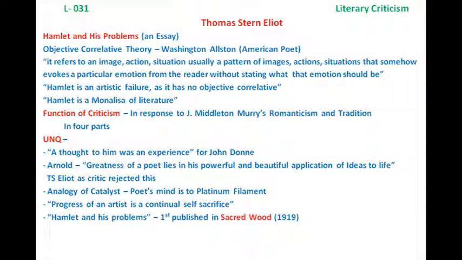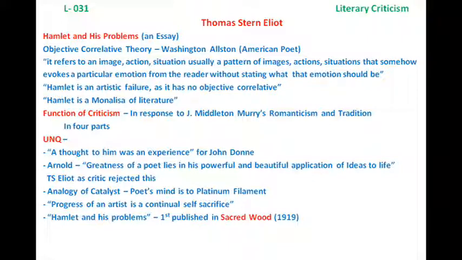The term traditional is used in a positive way by T.S. Eliot. Then another question: the working of the poet's mind is explained with a chemical reaction by T.S. Eliot. Next question, the analogy of the catalyst.